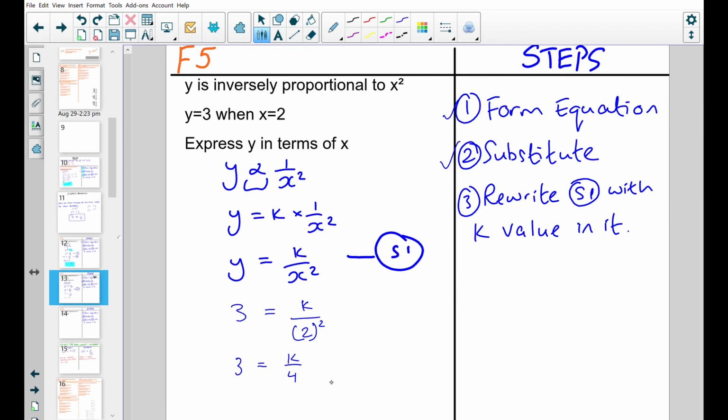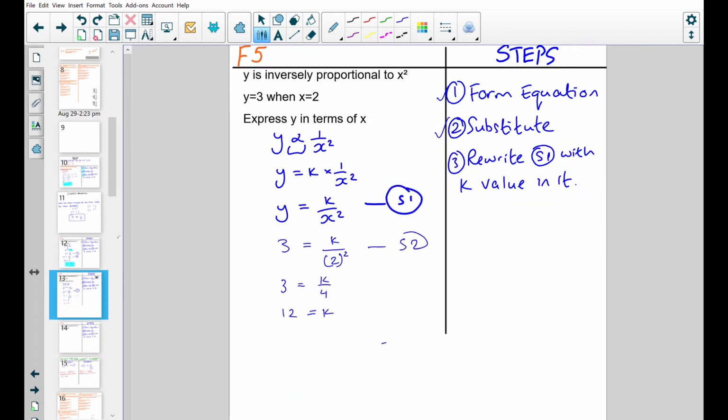Multiply by 4 on both sides gives k equal 12. This is step 2, substitution part. And lastly, we substitute the value of k into step 1, which is y equal, value of k here is 12 over x squared. And this is our final answer.